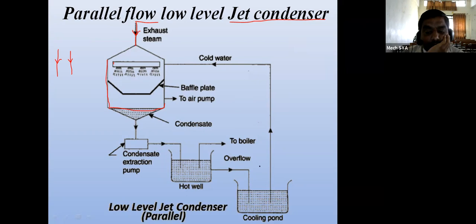This height is very less, so as there is vacuum, the vacuum will draw this water inside the condenser. Through the spraying nozzles, this water is sprayed into the condenser. Because of this spraying, what happens? The water is formed in smaller droplets.